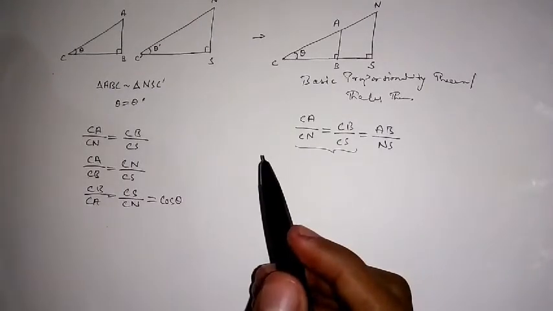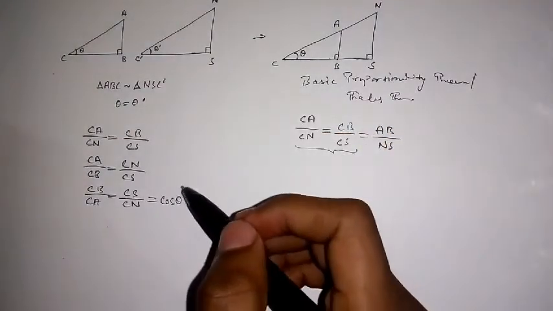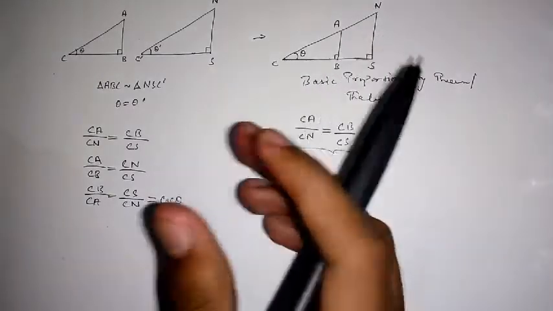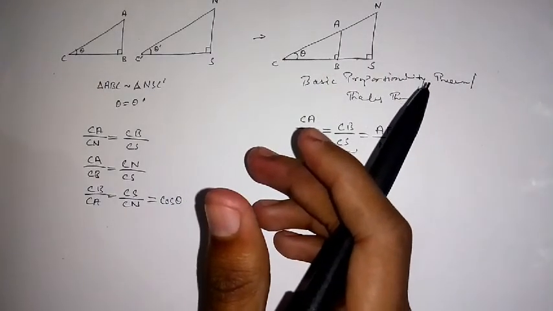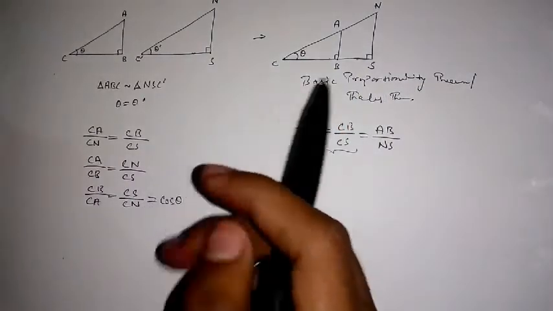So what we can conclude is that for a particular angle, the trigonometric ratios will always be the same, regardless of the length of the sides.